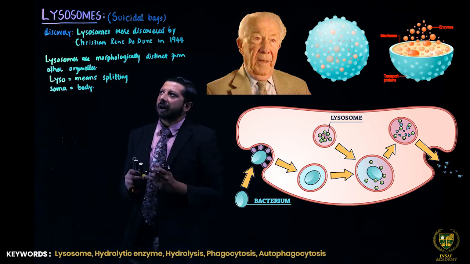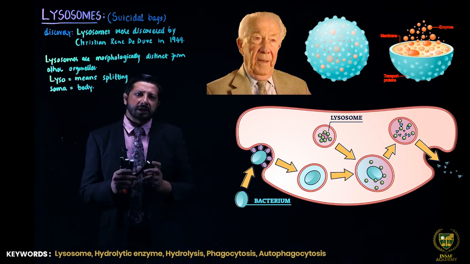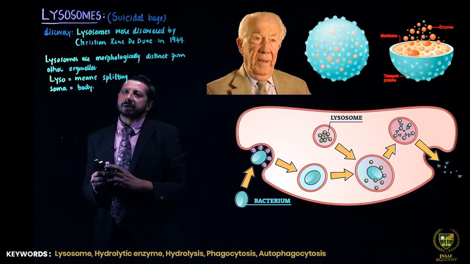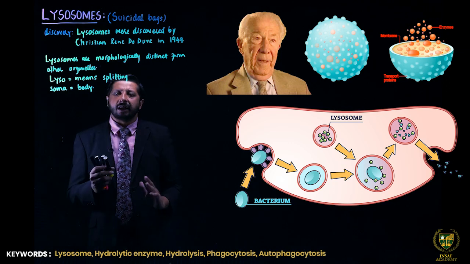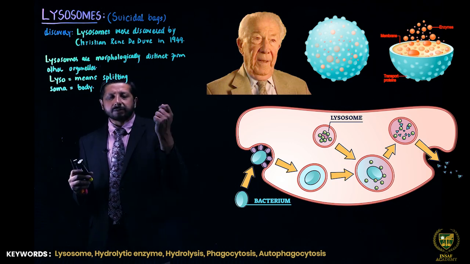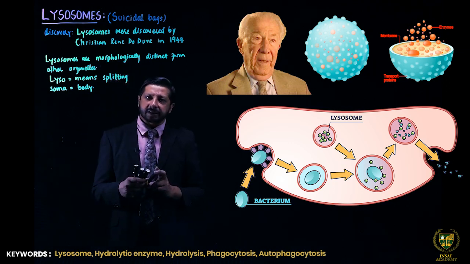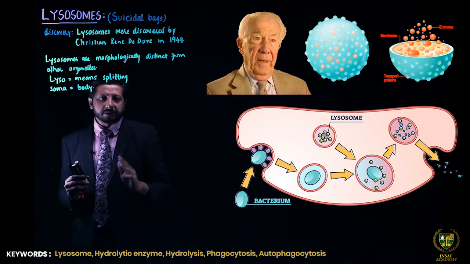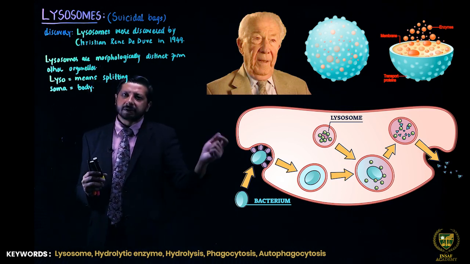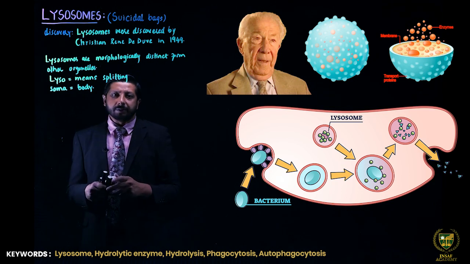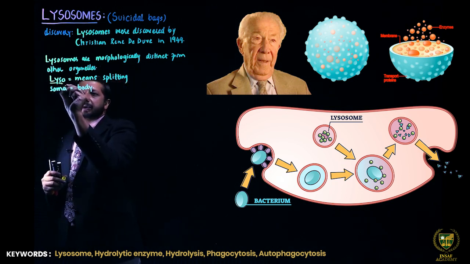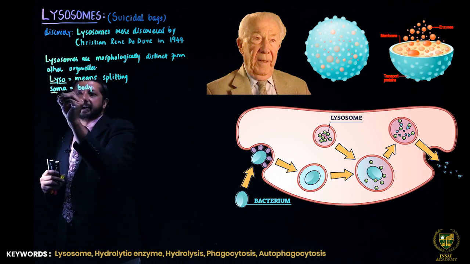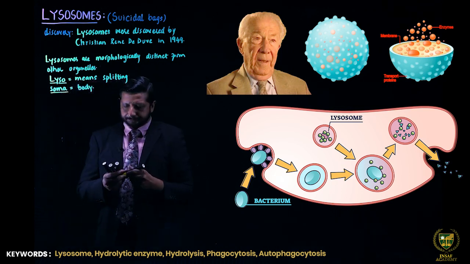Wherever the word splitting or phagocytosis comes, we will talk about lysosomes. Like the Golgi apparatus, it is more precisely related to cell secretions. So whenever there is the word phagocytosis, the organelle will be the lysosome. It is a combination of two words: lyso meaning splitting, and soma meaning body.